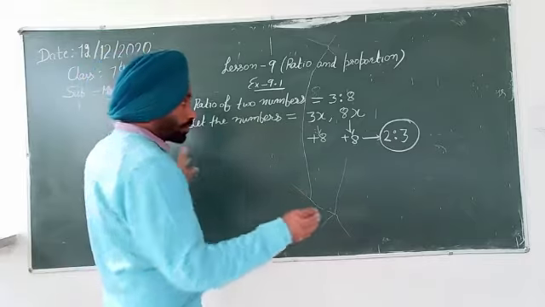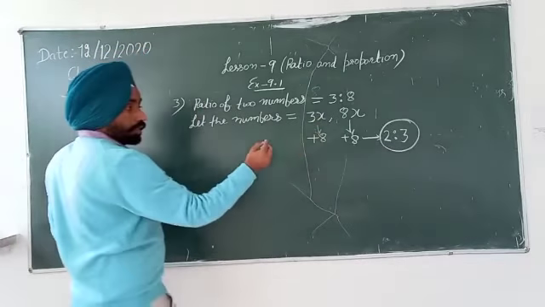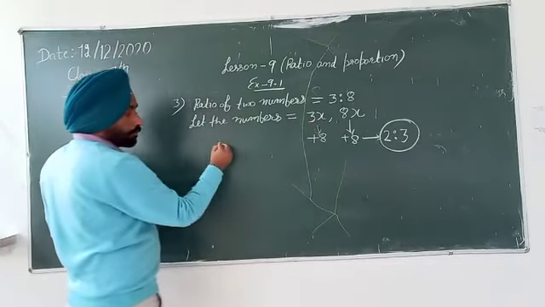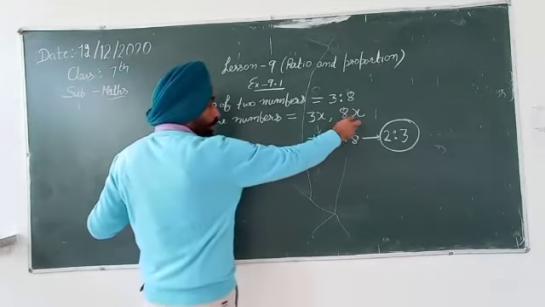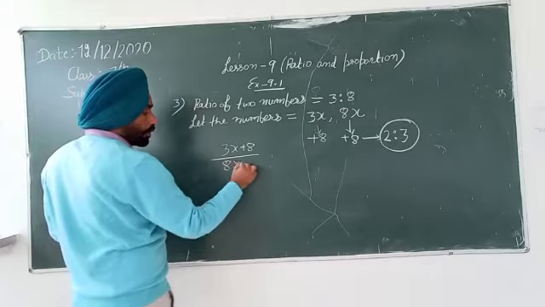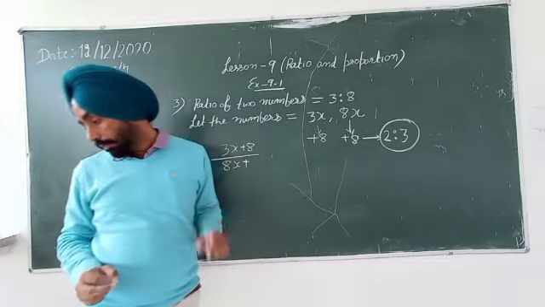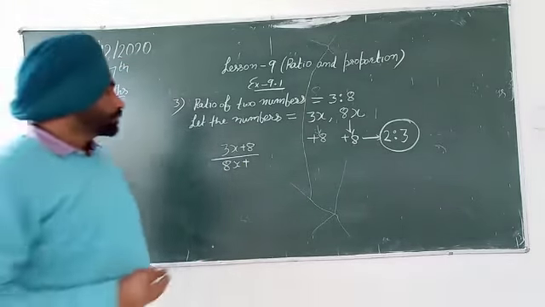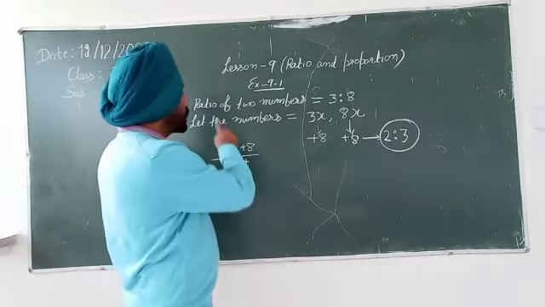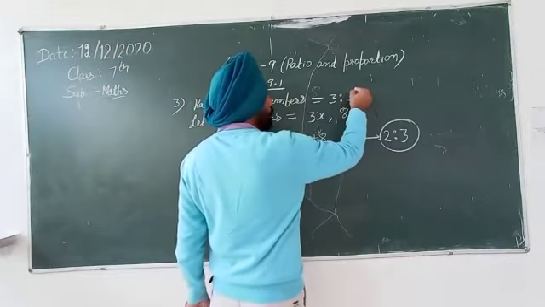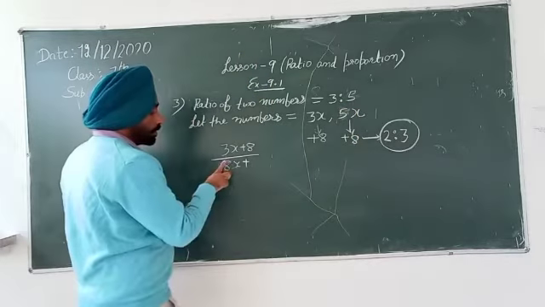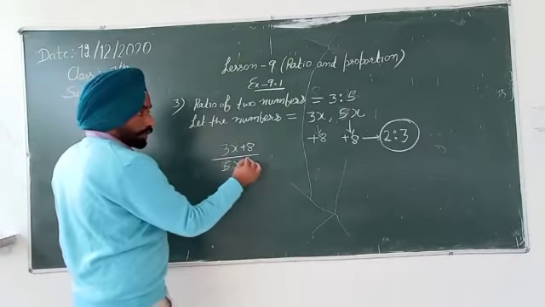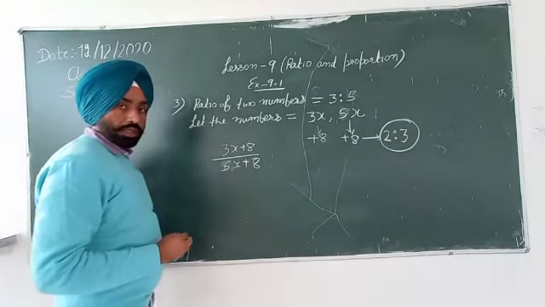So according to the question, if I add 8 to the numbers, then 3x becomes 3x plus 8, and 8x becomes 8x plus 8. Sorry, the ratio given is 3:5, so the numbers are 3x and 5x. So 5x becomes 5x plus 8.